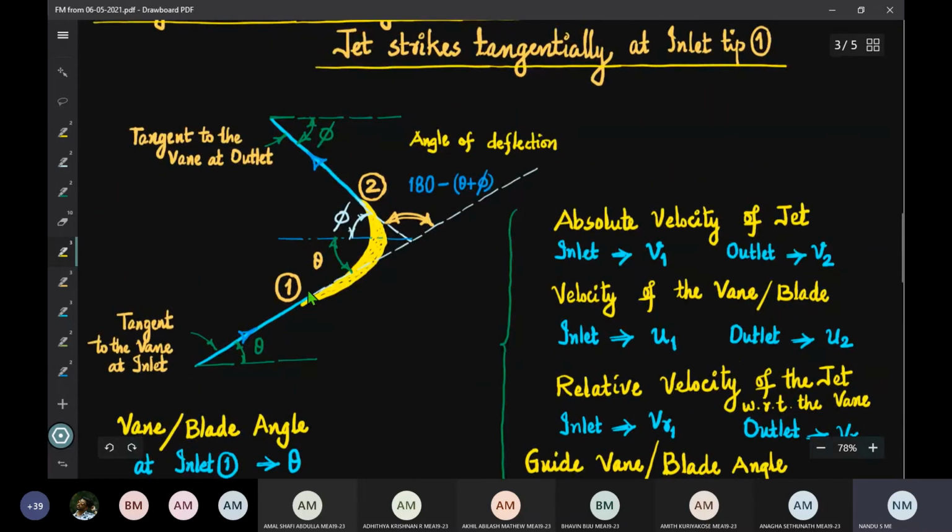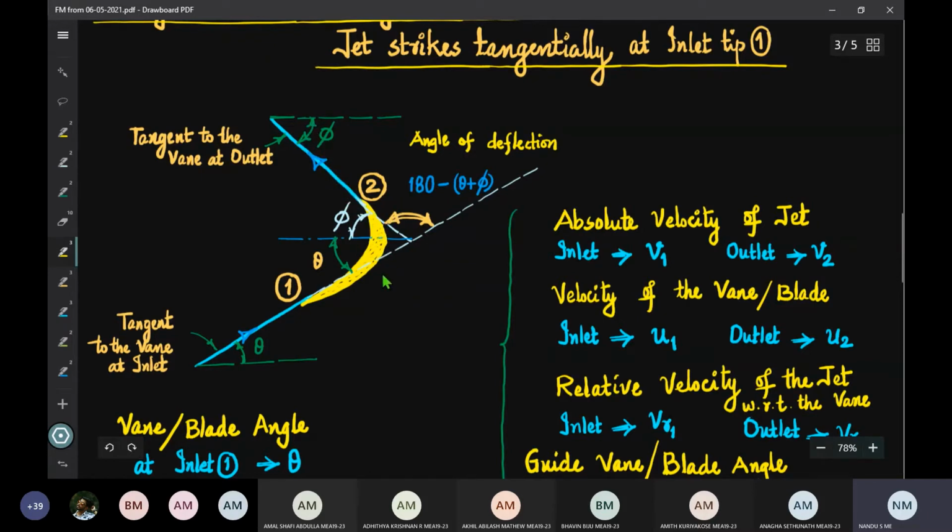Those two velocities are always tangential to the blade surface respectively at inlet and outlet. Vr1 will always be tangential to the blade surface at inlet, and Vr2 will always be tangential in this direction to the blade tip at 2.